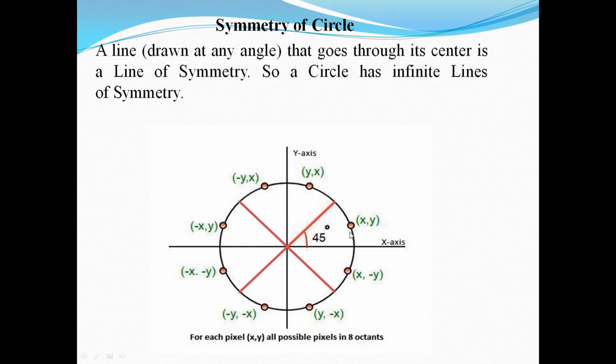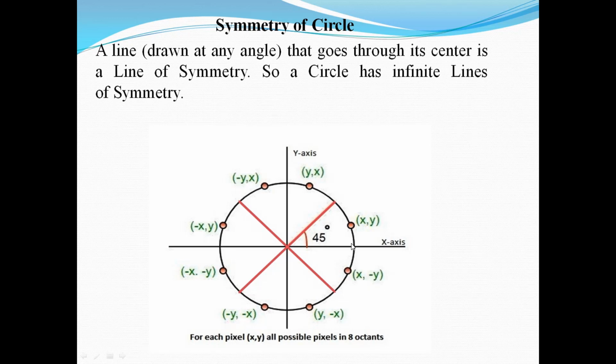octants. If we have x, y as the first point in the first quadrant, then the point can be plotted as y comma x in the second quadrant, minus y comma x in the third quadrant, minus x comma y in the fourth quadrant, minus x comma minus y in the fifth quadrant, minus y comma minus x in the sixth quadrant, y comma minus x in the seventh quadrant, and x comma minus y in the eighth quadrant.